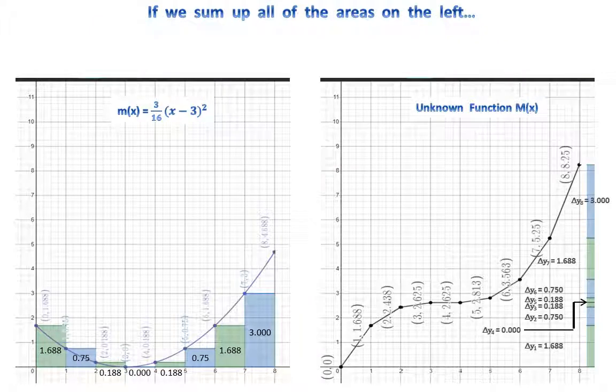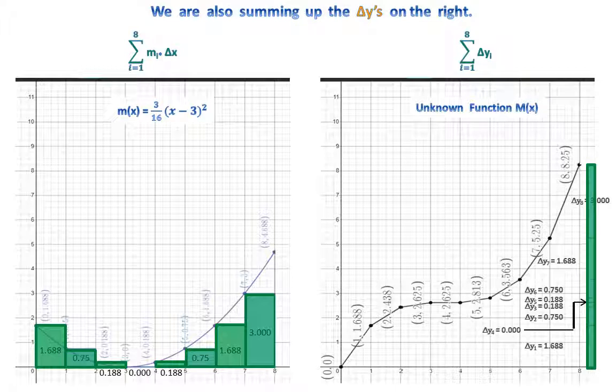If we sum up all of the areas on the left, we are also summing up all of the changes in y on the right.